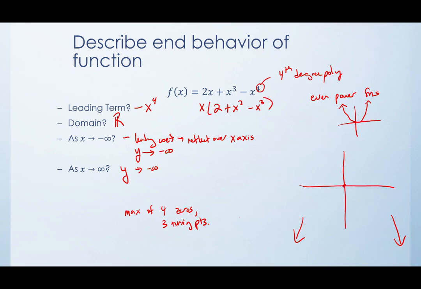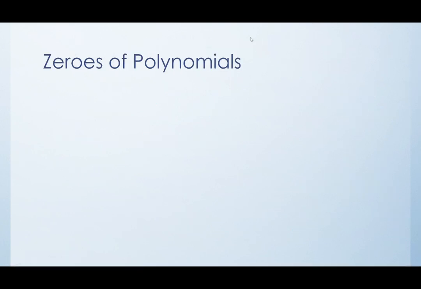So we know that there's a 0 at x equals 0, and there's a maximum of 3 others. It could do something like this: 1, 2, 3, 4. Something like that. We don't know exactly because right now we're not focusing on the zeros. All right, so that'll be it for this one. Next up is zeros of polynomials.